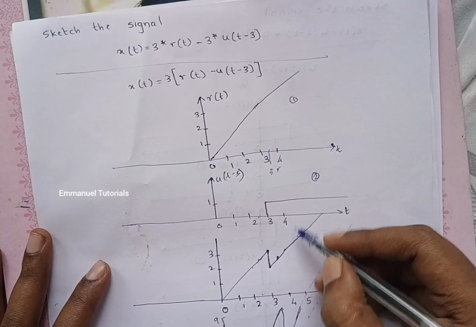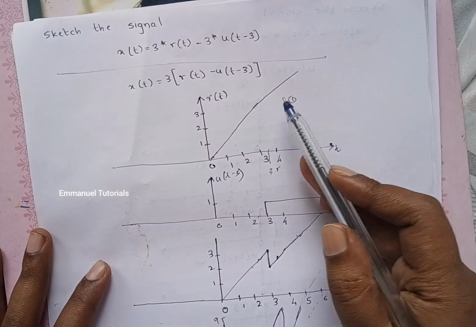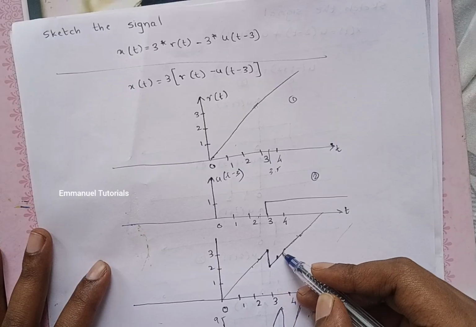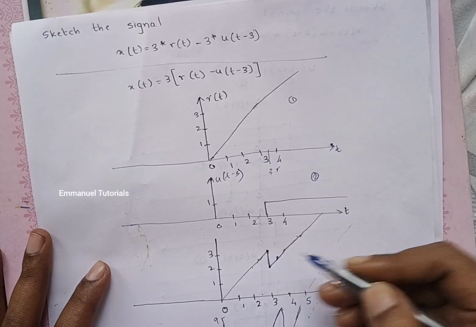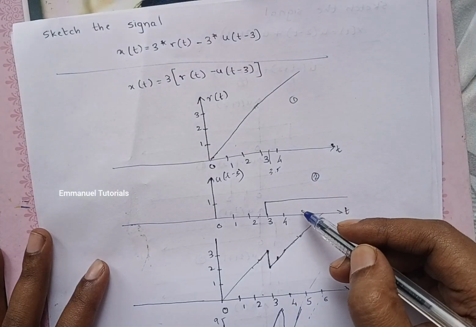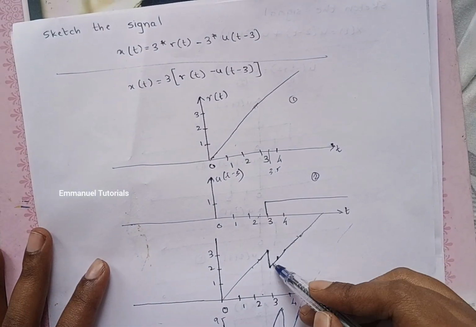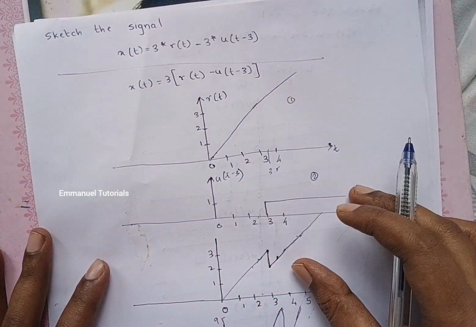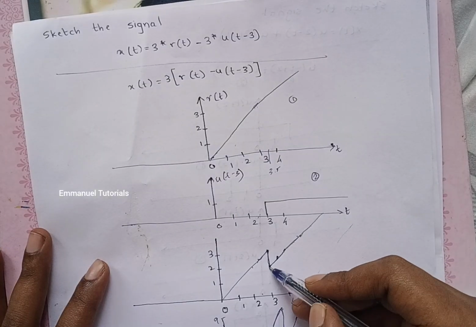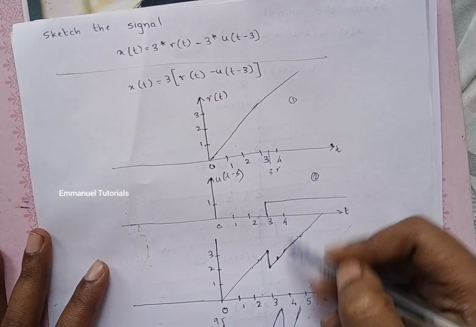At 4, signal's amplitude is going to be 4 minus 1, which is 3. So again, it's going to go with the same slope. At 5, first signal's amplitude is 5, second signal's amplitude is 1, so it is going to be 4. So it's like the unit ramp is again repeating, but it's going to repeat from amplitude 2. So that is what we have here.